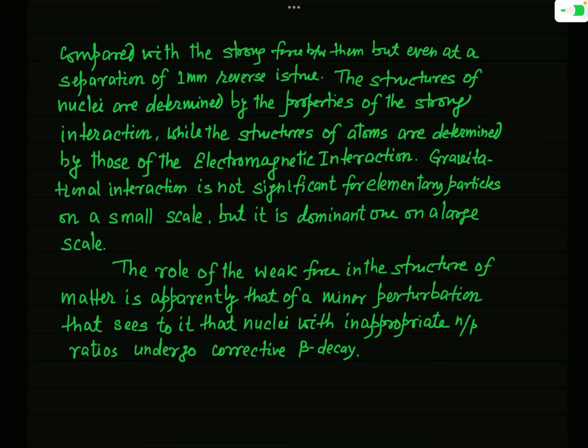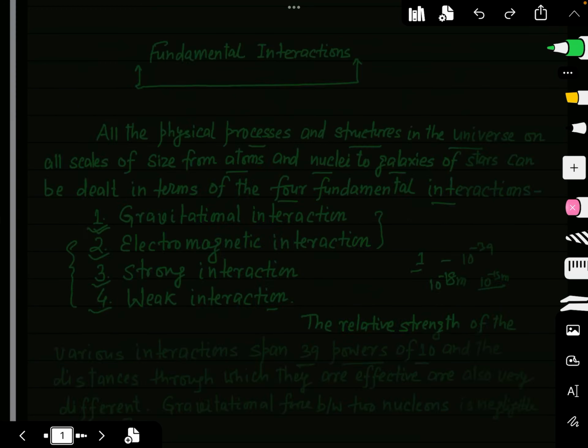When we talk about the gravitational force between nucleons or between the elementary particles, consider what will be the force between two elementary particles separated by just a distance of, how much?